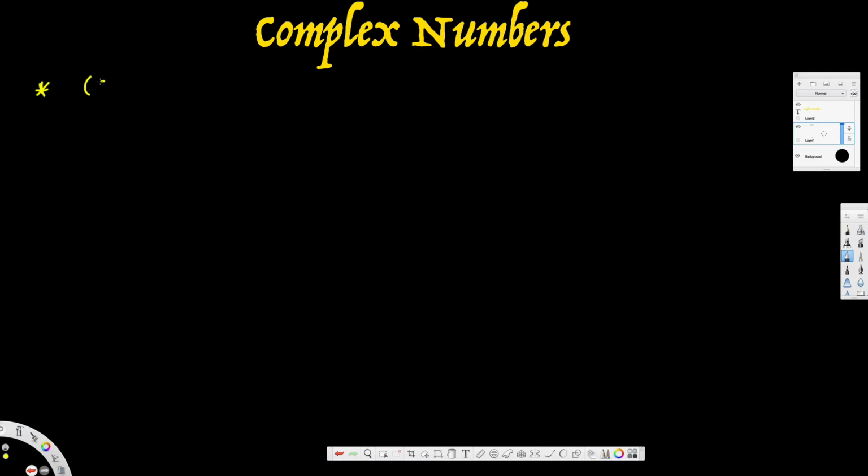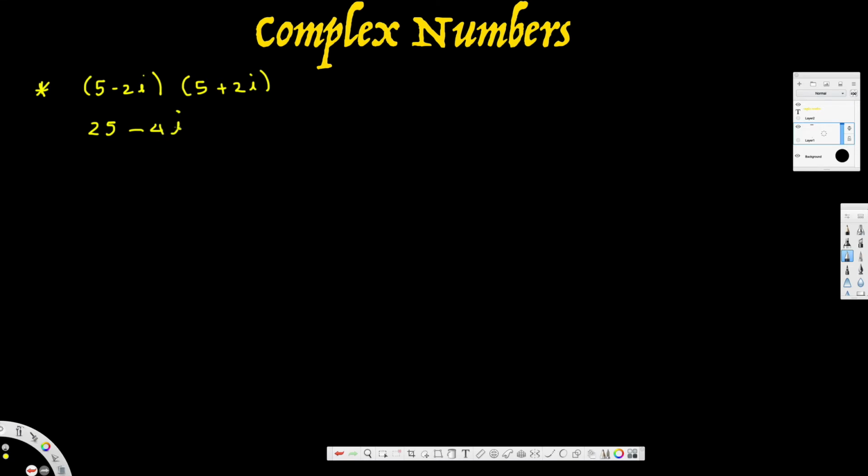Let's say we have 5 minus 2i, and we have the conjugate of this one, 5 plus 2i. The short form of this method is whenever you see a conjugate and the original form, a minus and a plus of the same thing, you can directly multiply this. 5 times 5, that's 25, and minus 2 times plus 2i, that's minus 4i square.